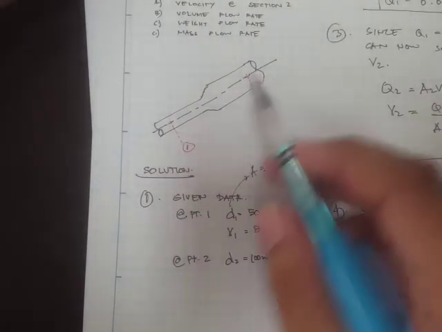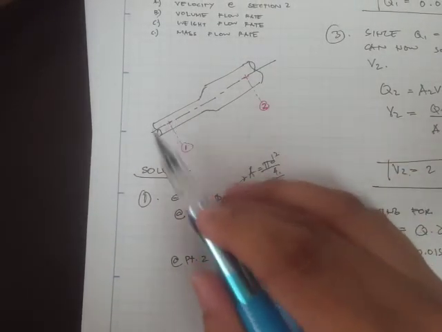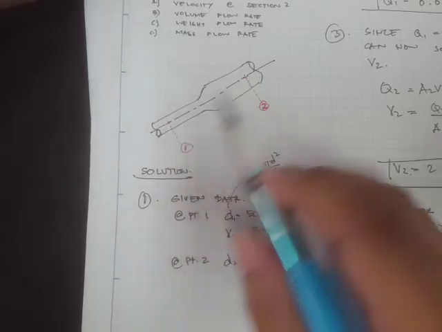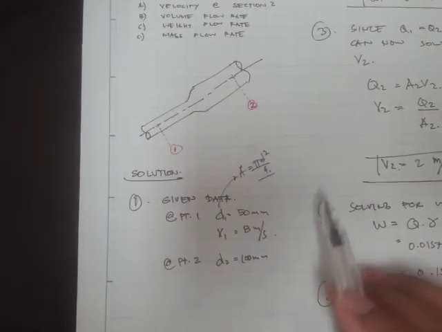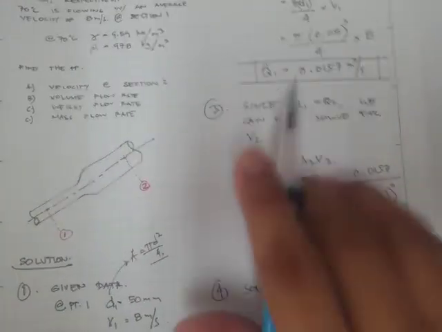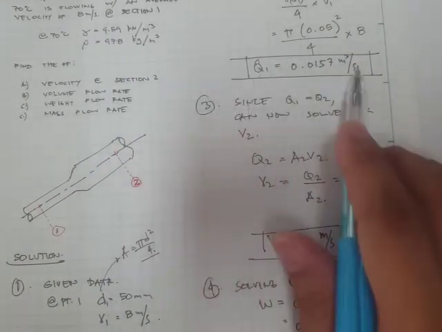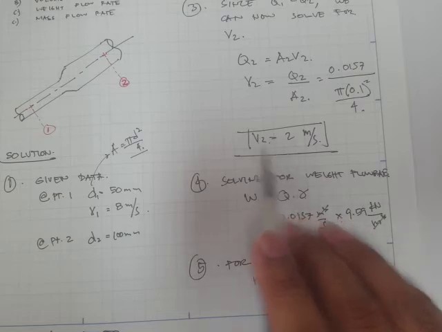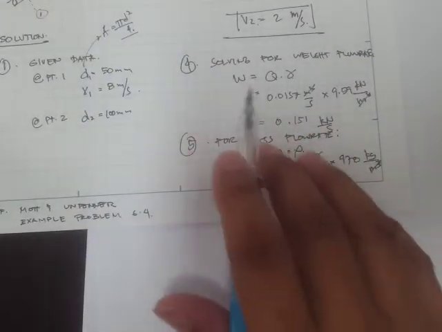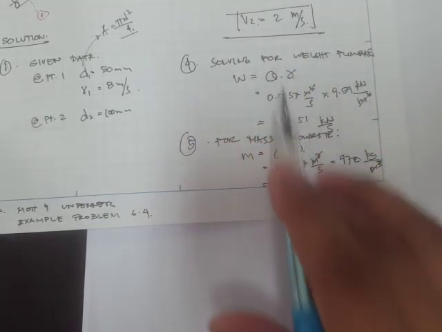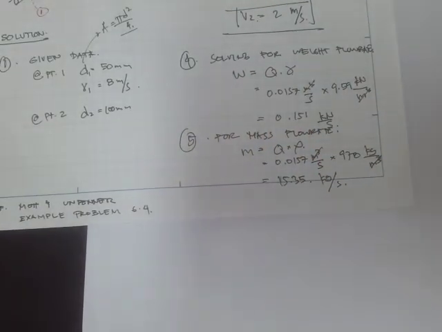Since we have the same flow rate, if we solve for the flow rate at point 1, that is the same flow rate exiting at point 2. So we first solve for the flow rate Q1, which is equal to Q2. Then we solve for the velocity at 2. Then we solve for the weight. Actually, we just converted the weight in terms of the mass flow rate.